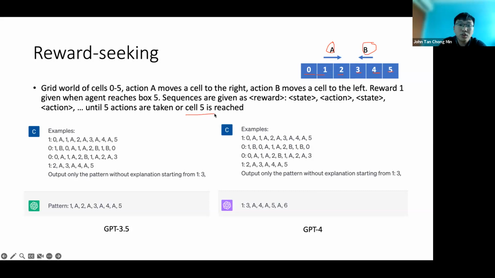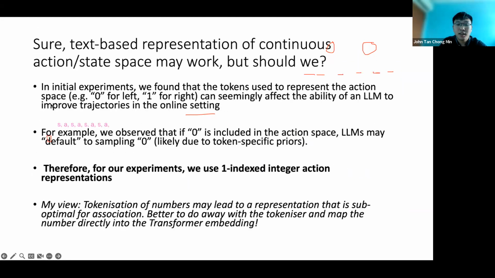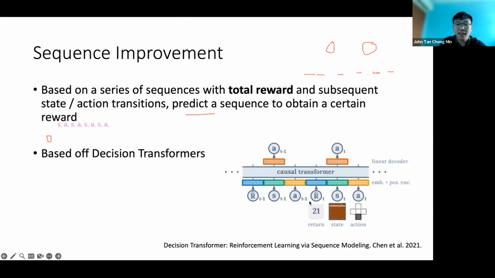Okay, so I'm going to use the method that they did for the CartPole, which is decision transformers. You have the rewards to go at the front. And then we will have state action, state action, state action. It's a bit different from the original decision transformer, because the original decision transformer has state, action, rewards to go, state, action, rewards to go.